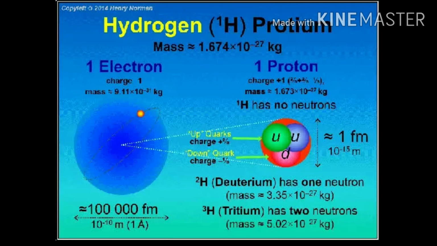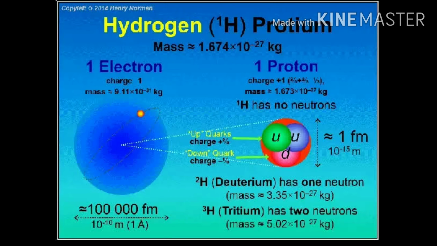So scientists preferred one unit, that is the atomic mass unit, AMU. They preferred that the mass of one proton equal 1 AMU, or you can say the mass of one hydrogen atom equals 1 AMU.